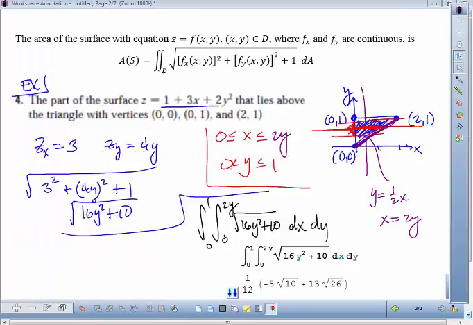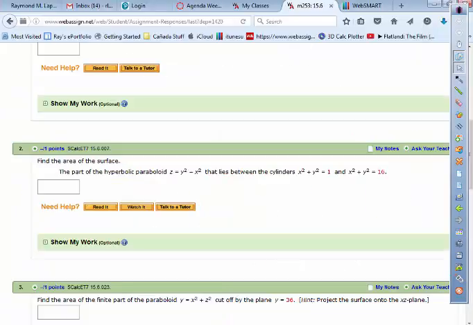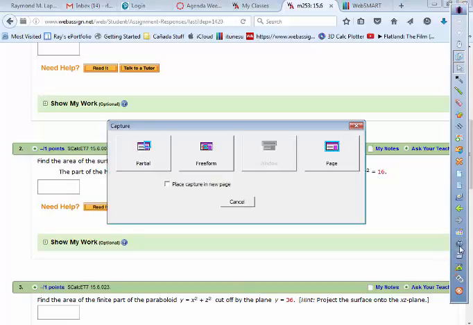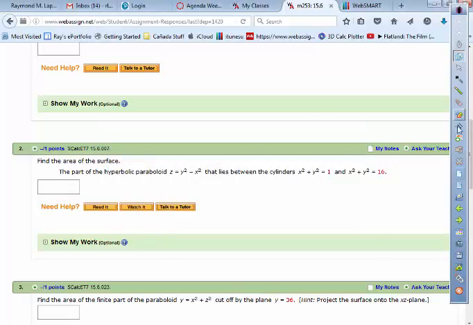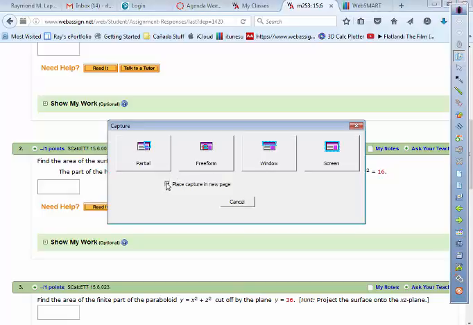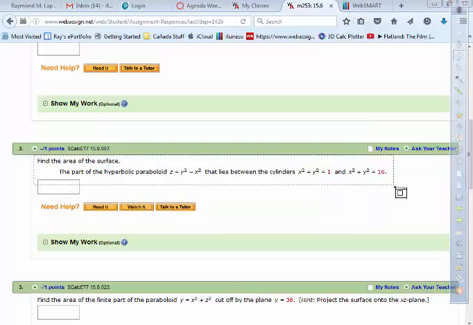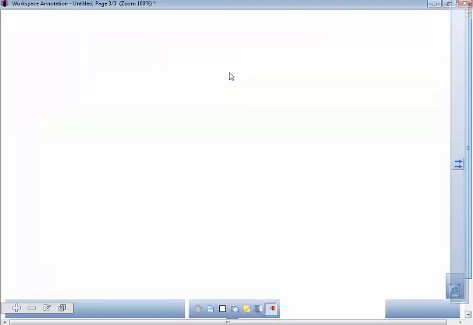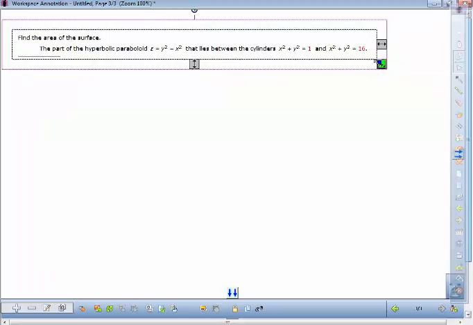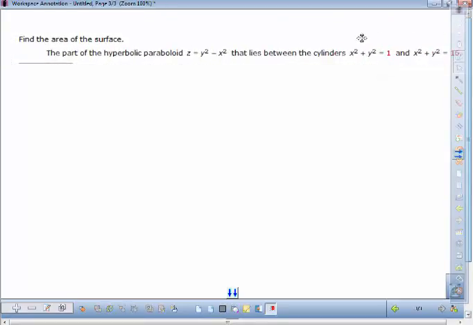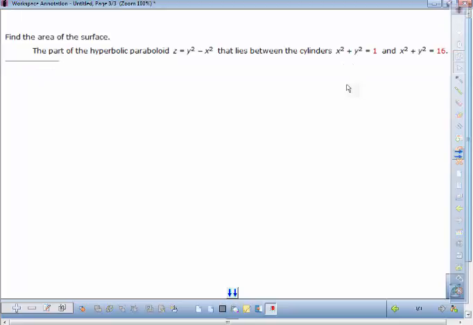So let's do another example. I saw a good one from your homework set. We have a hyperbolic paraboloid that lies between 2 cylinders. New page. The hyperbolic paraboloid is the same one that we've been looking at, maybe with the signs switched.